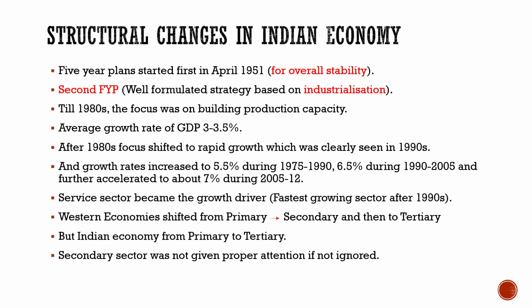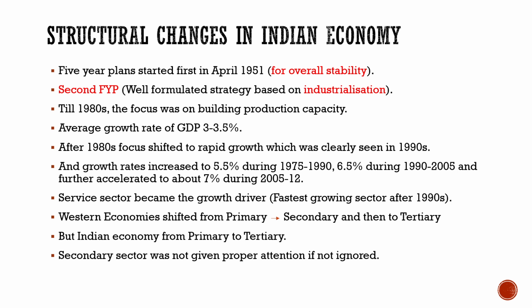Till the 1980s the focus was on building production capacity only, and because of that the average growth rate was between 3 to 3.5%. After the 1980s the focus shifted to rapid growth, which was clearly seen in the 1990s, when we adopted the liberalization, privatization, globalization model.